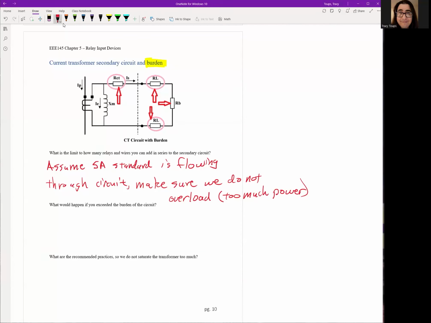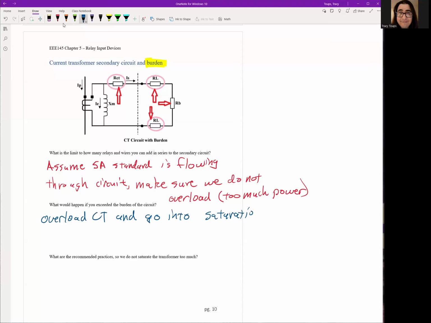What would happen if we exceed the burden of the circuit? Again, burden is how much it can take. If we exceed it, we overload the CT and go into saturation.